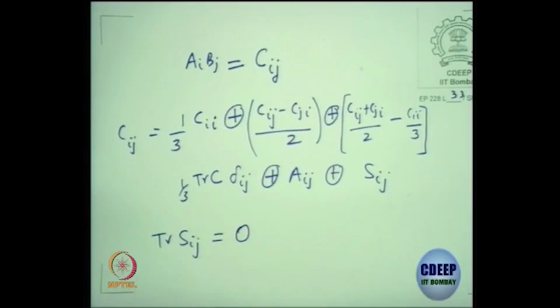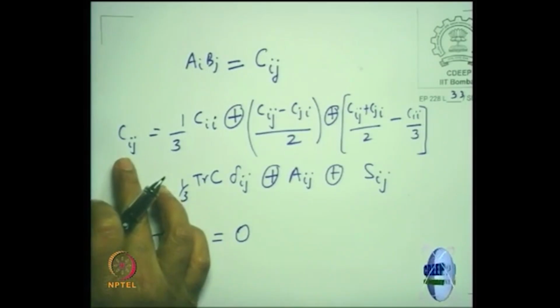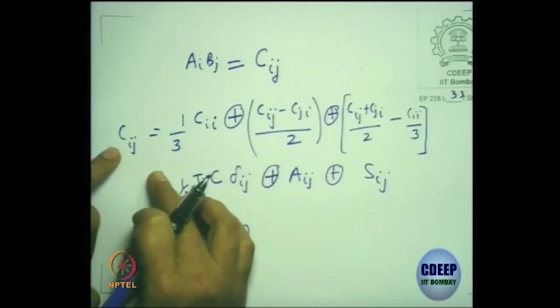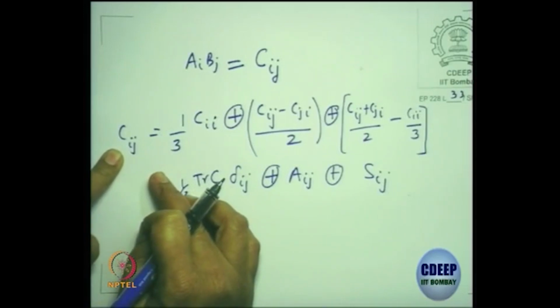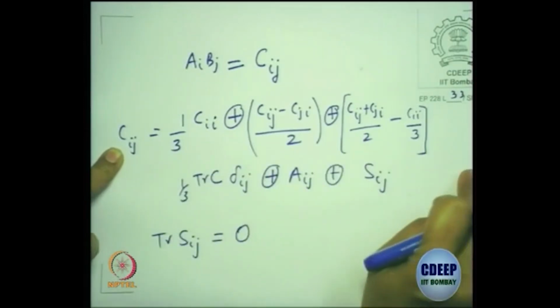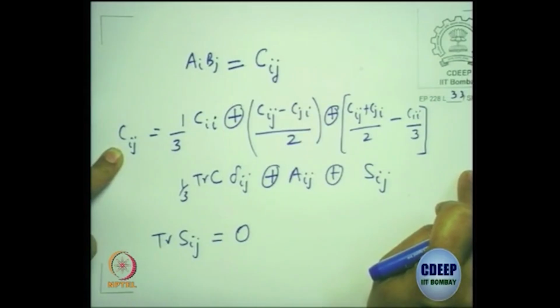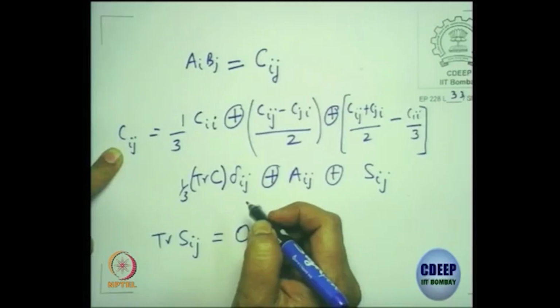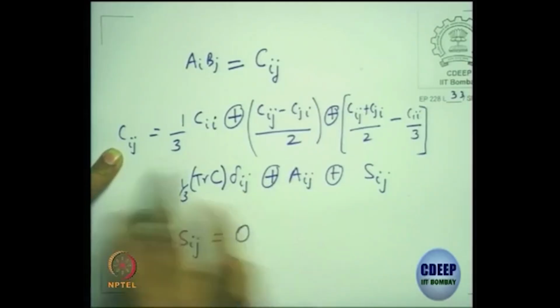So what did I do? I just rewrote the same element, which on the left hand side is a reducible element. I resolved the same element into 3 pieces. I put it as trace C times delta ij so that the ij elements are taken.